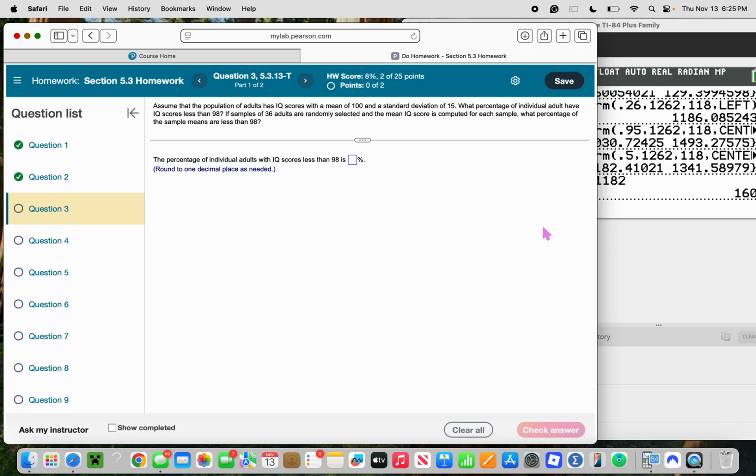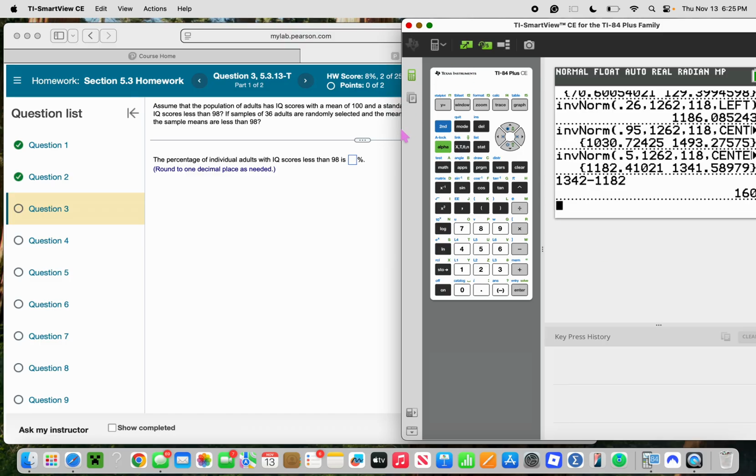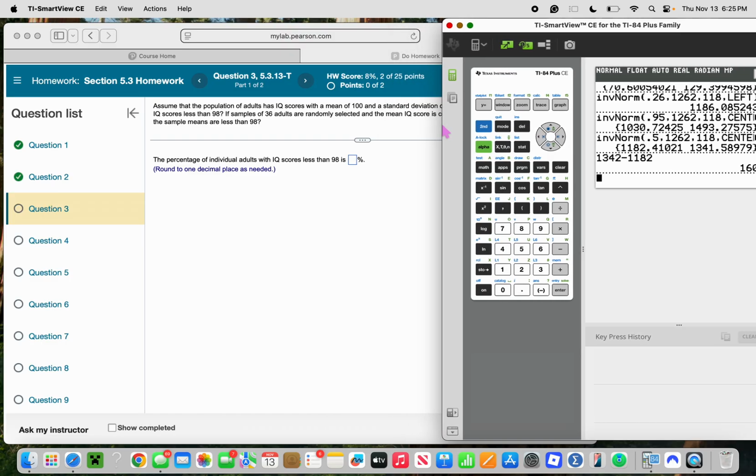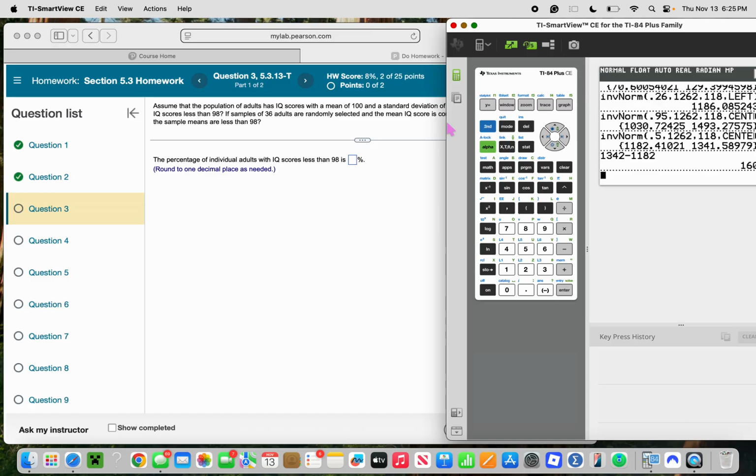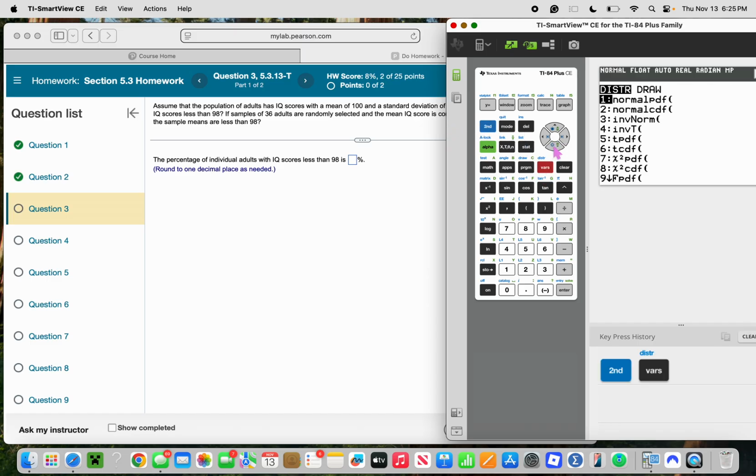When we're dealing with normally distributed values, we have a formula that we could use, but we use technology for normal CDF. We want a lower bound, an upper bound, a mean, and a standard deviation. Standard deviation is what I always have to be careful of. Do I have one person or do I have a group of people? This is an individual, so it's going to be the population standard deviation.